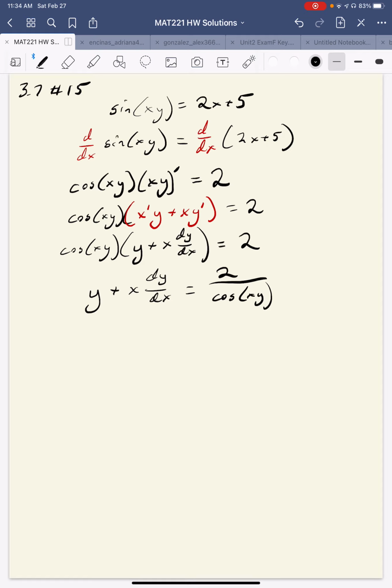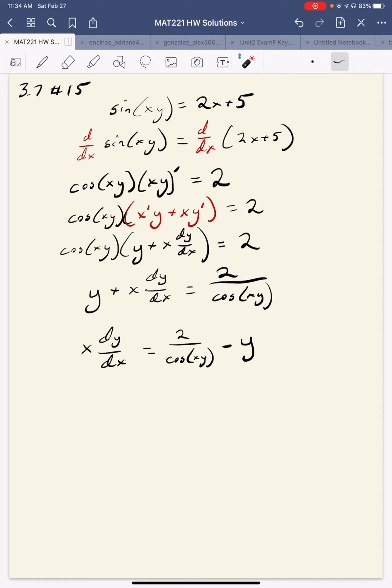Now the next thing I'm going to do is subtract the y from both sides. So I have x dy/dx equals 2 over cosine xy minus y.